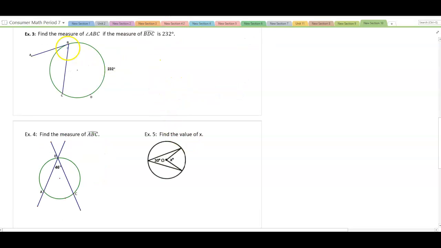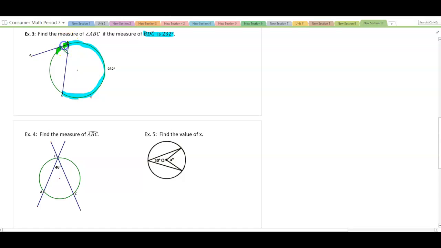The next example says, find the measure of angle ABC if the measure of arc BDC is 232 degrees. So if this arc B to D to C is 232 degrees, they want me to find the measure of this angle here.